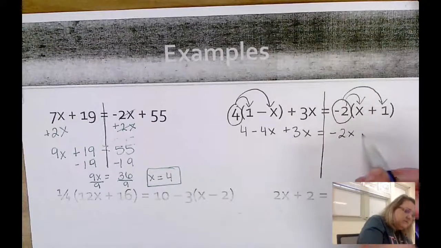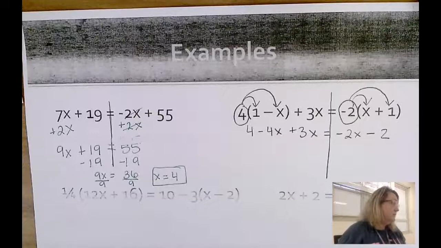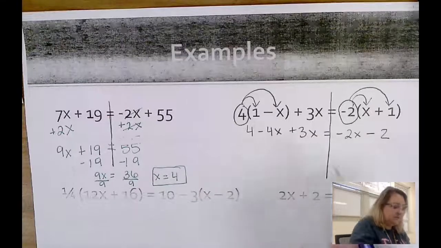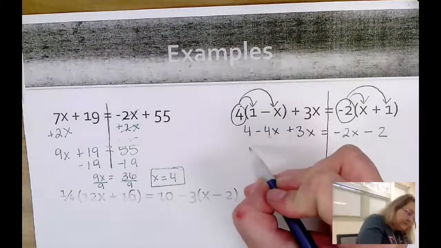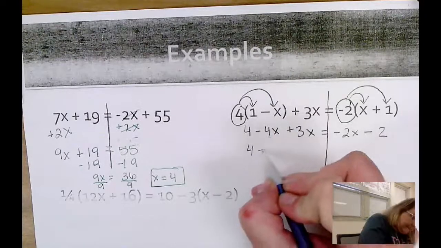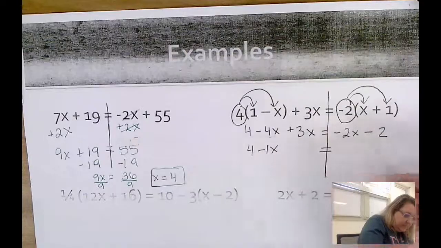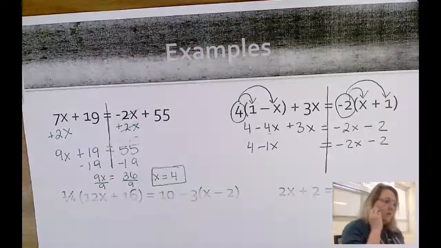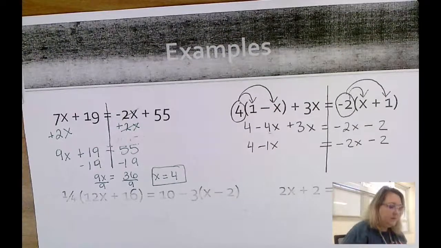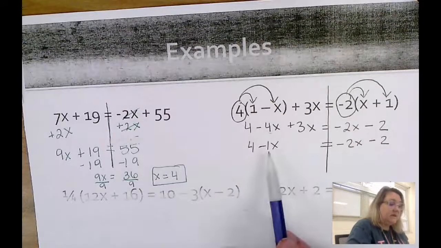All right. We are now going to combine like terms on the same side of the equal sign. So I have negative 4x plus 3x. So I'm going to have 4 minus 1x, or x, equals negative 2x minus 2. All right. We are now going to add or subtract our variable to the other side. Negative 2 is further from 0, so I'm going to add 2x to both sides.